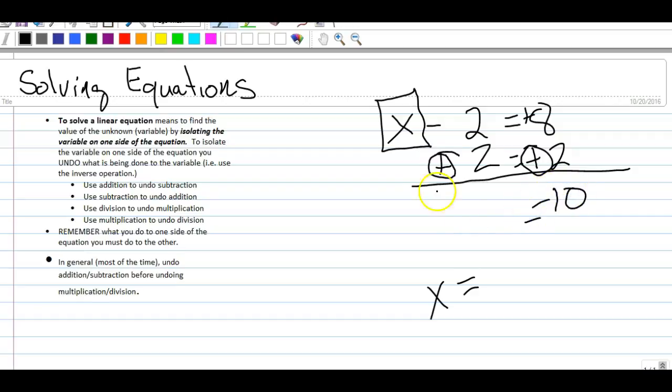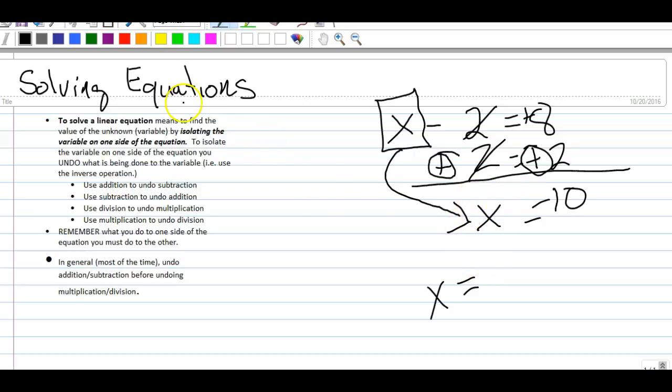Now here on the left side, the minus 2 and the plus 2 do each other in, and that gives you x is equal to 10. So we transform this equation using these particular rules from x minus 2 equal to 8 to simply isolating the x on the left side of the equation, and we got x is equal to 10.